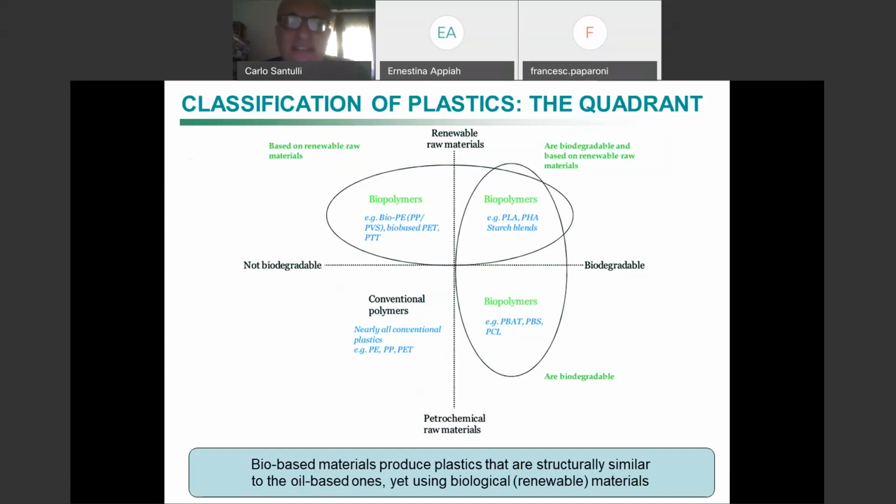In 50, 60 years, they have invaded every place. And they are moldable. Moldable means that they can be produced in a very large amount of pieces with molds which can be used millions of times.